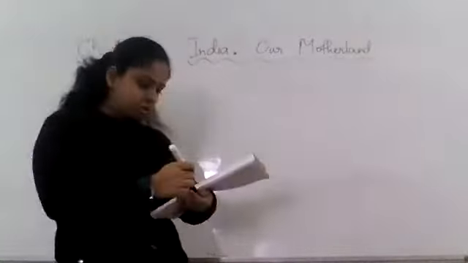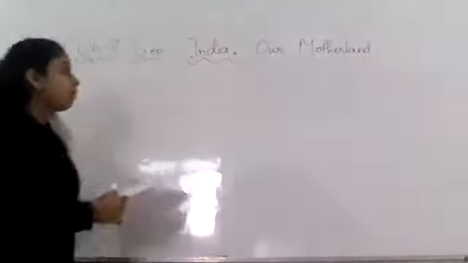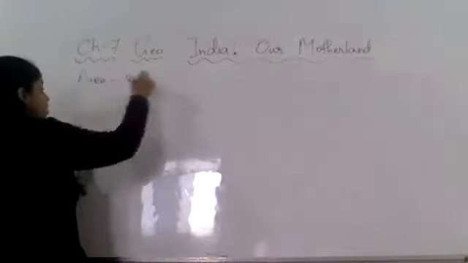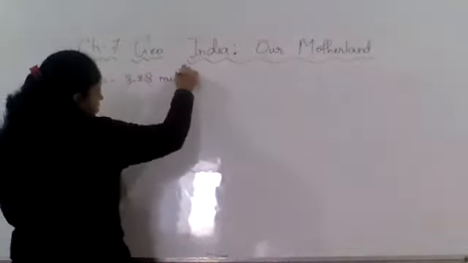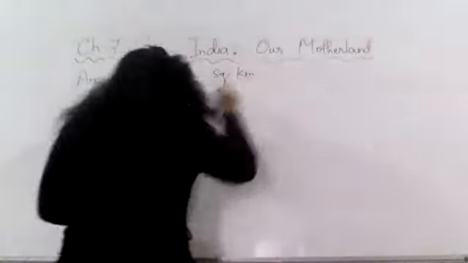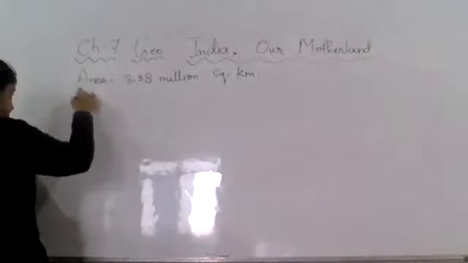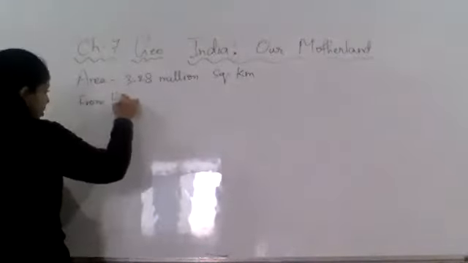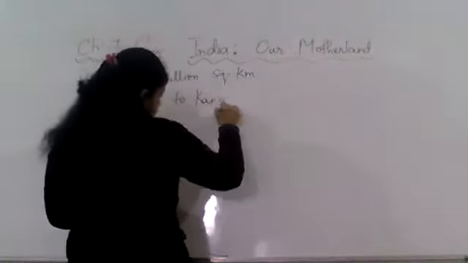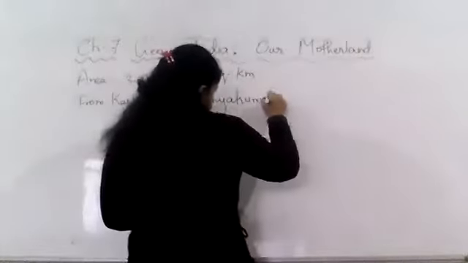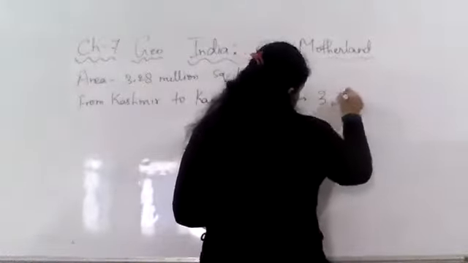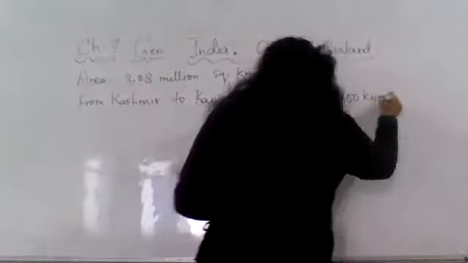So, we discussed that the area of India is 3.28 million square kilometers. Then, if you see from Kashmir to Kanyakumari, it is 3,200 kilometers on land.